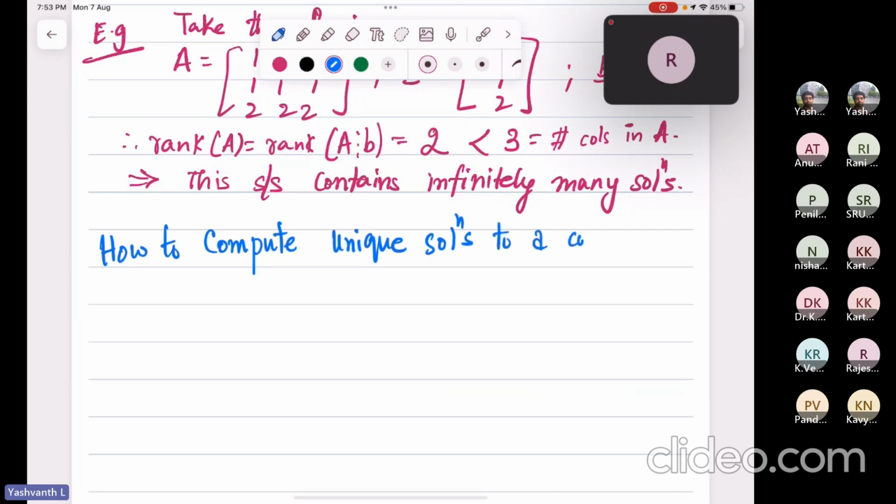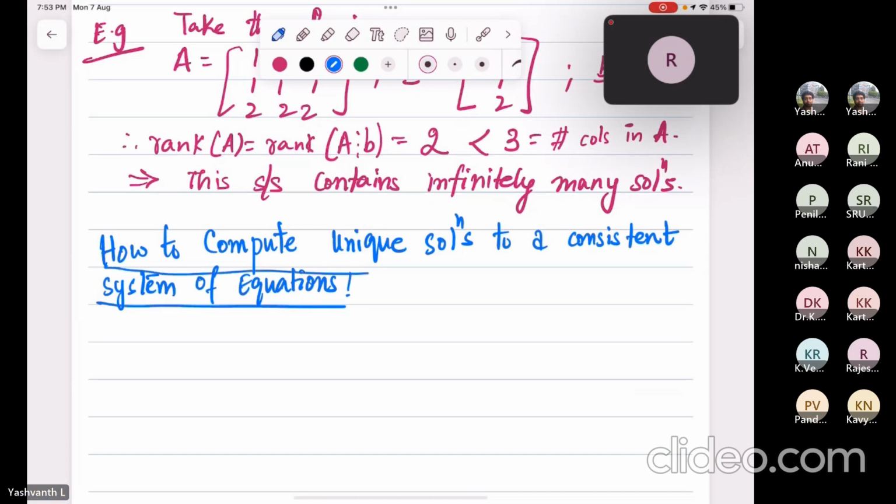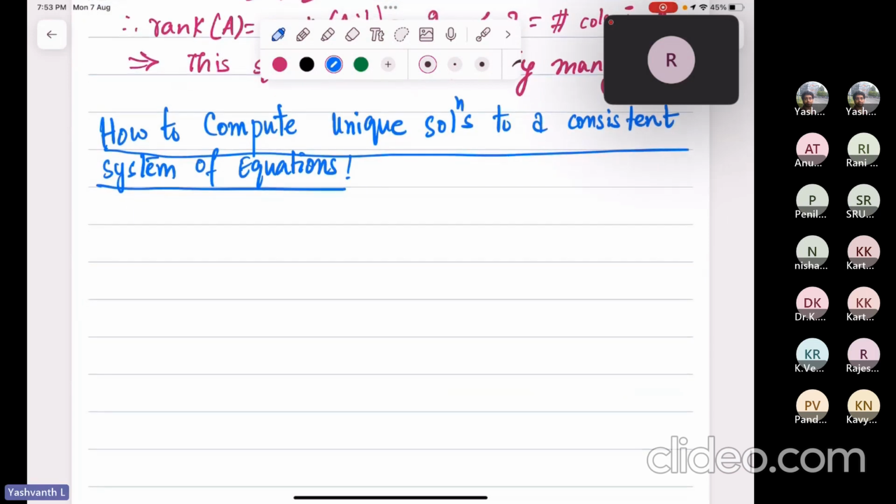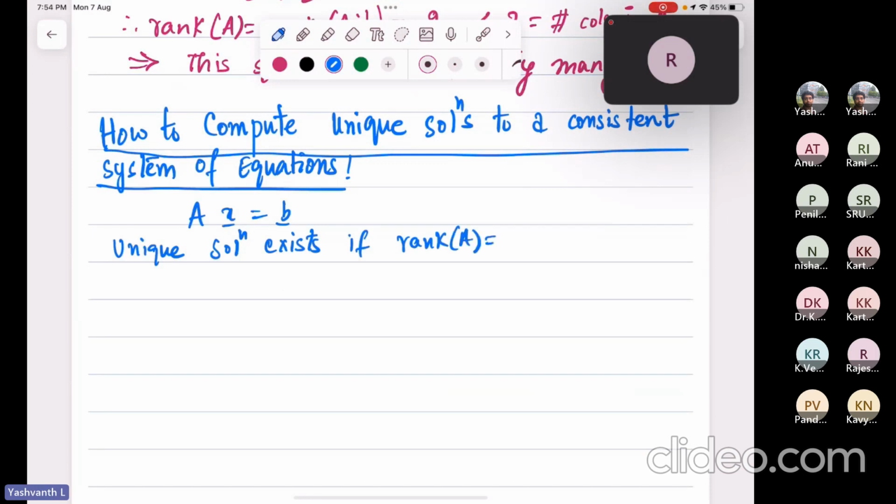To a consistent system of equations. Okay, so if AX equal to B, a unique solution exists if rank of A equal to rank of A augmented B equal to the number of columns.